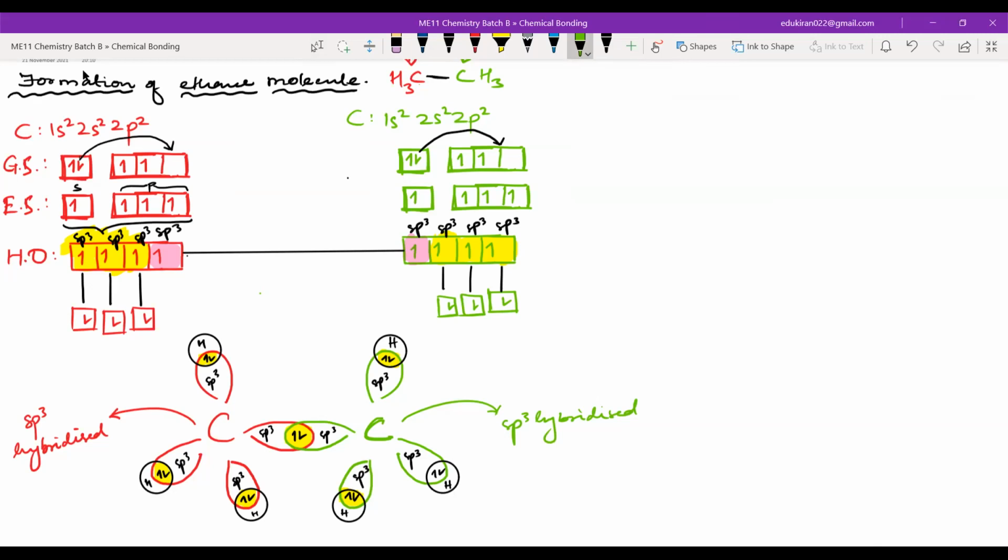The number of unpaired electrons will be equal to the number of bonds each carbon atom is making. Then we do the excitation. Then we do the hybridization, right? And these are the hydrogens' 1s, 1 electron from each hydrogen. This is also from hydrogen. But please write this first, Muhammad Umar, and then tell me which part you did not understand, because there is nothing new here. Please do it and tell me.